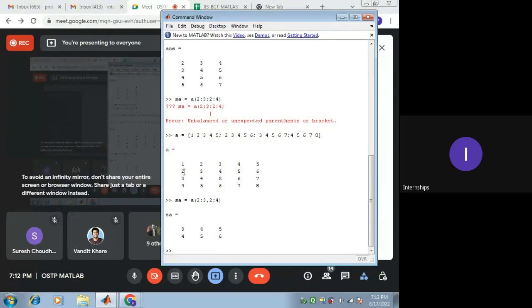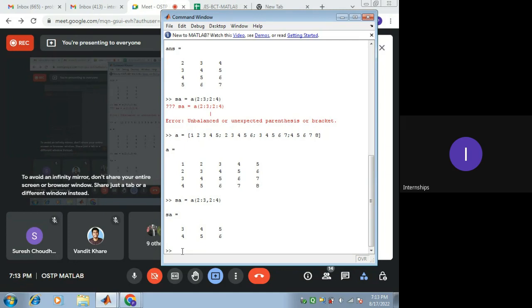It is selecting, starting from 2 to 3, the second and third row. First it is selecting the second and third row, then it is selecting the second to fourth column. So this is the common part that is displayed here. This thing I think I have demonstrated in my first classes. I am again doing this one.